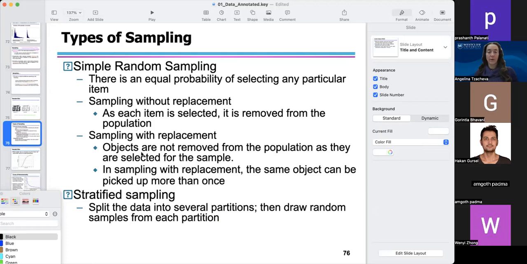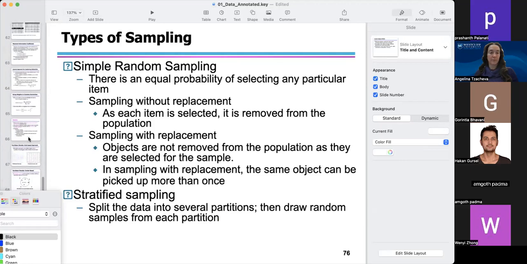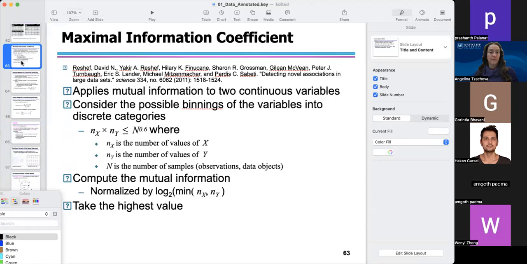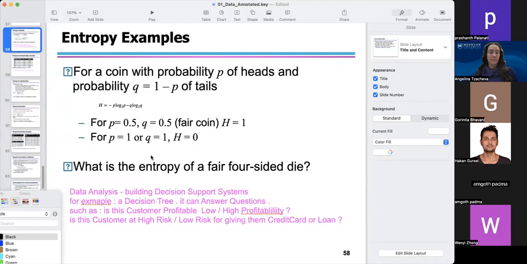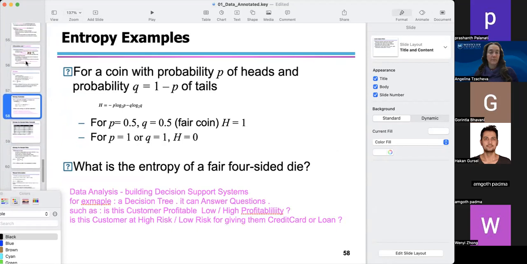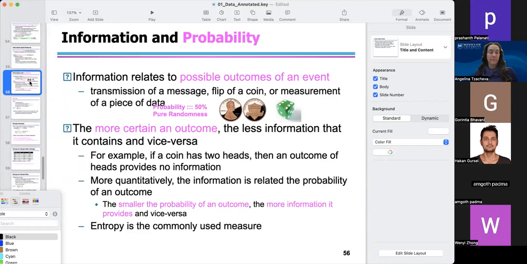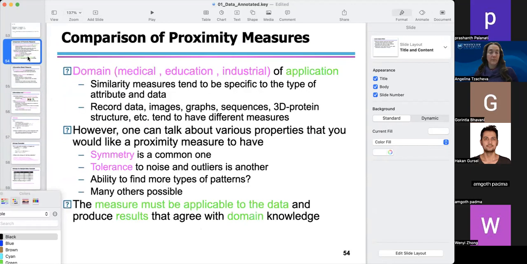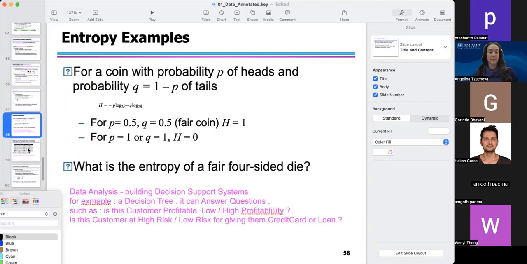What is my goal here? Am I trying to determine if this customer is a profitable customer?